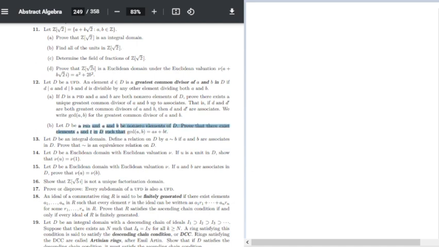If D is a PID and a and b are non-zero elements, then there exist elements s and t such that the greatest common divisor of a and b is equal to as plus bt.